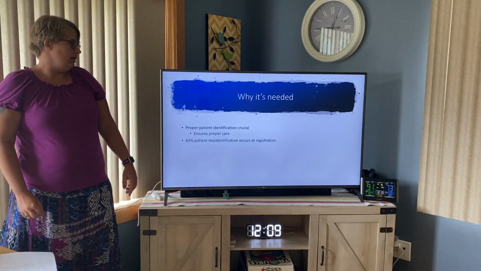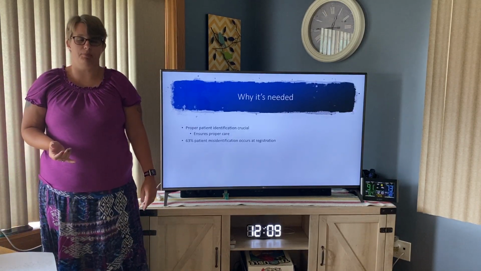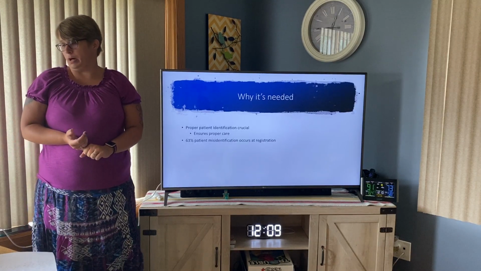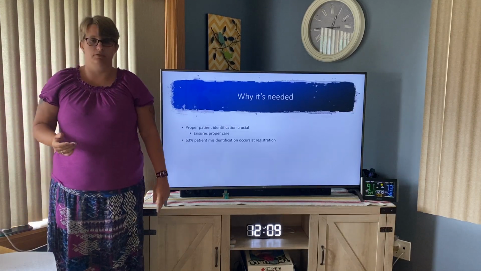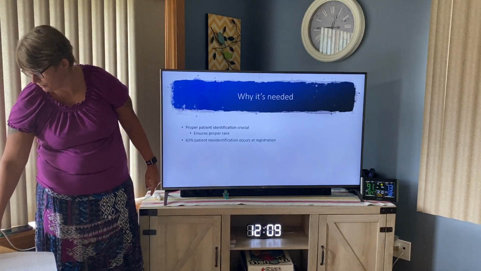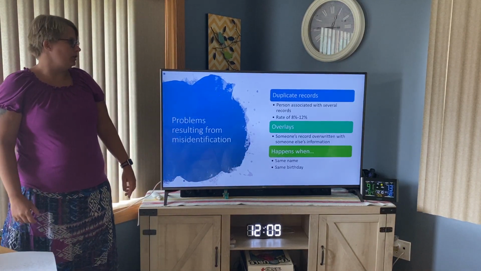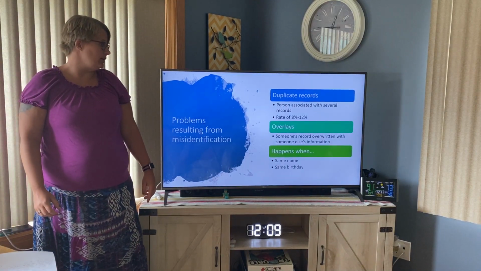Why is it needed? It's needed because properly identifying a patient is crucial. That ensures proper patient care, and it's said that 63% of misidentification occurs at registration. 2 main problems resulting from misidentification are duplicate records and overlays.